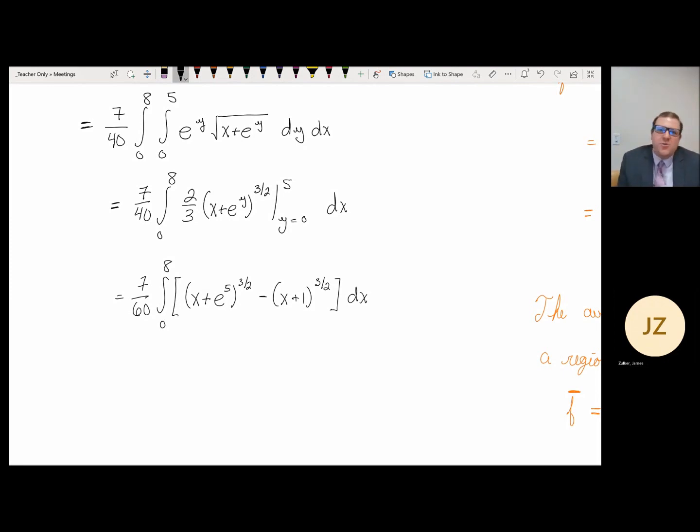Evaluate the integrand, y goes from 0 to 5. You should get x plus e to the 5th to the 3/2 minus x plus 1 to the 3/2.